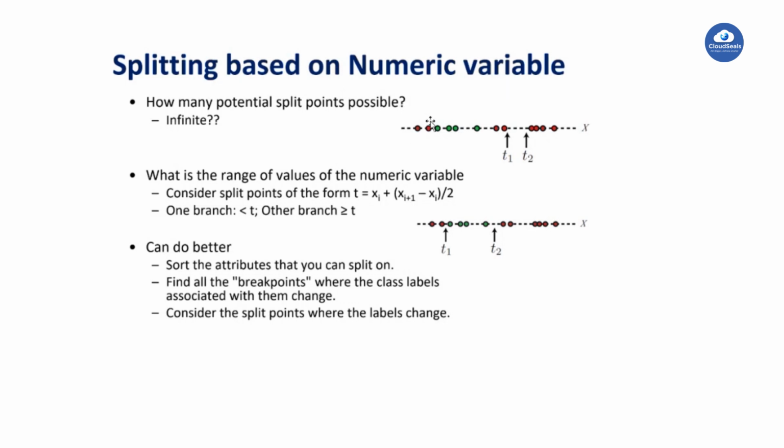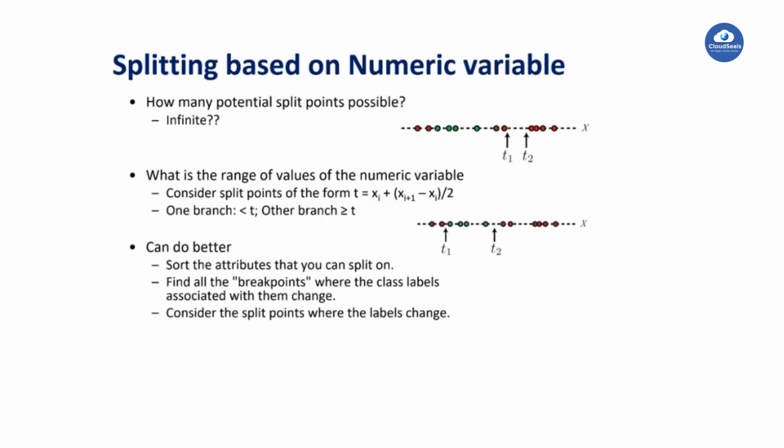Whenever a new data point comes with this type of data, we'll say it is good, because we have taken only one breakpoint and it is less than the threshold value. That's why we say good, but the data point belongs to bad. To avoid that type of splitting, we need to sort all values. Whenever the class changes, we need to break at that point.